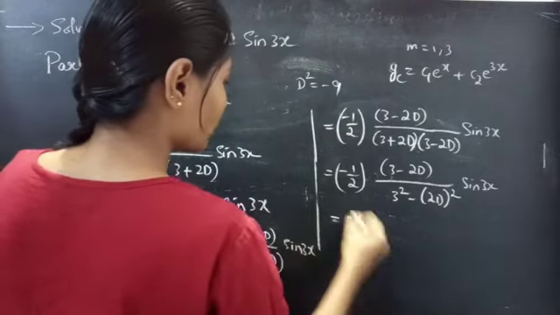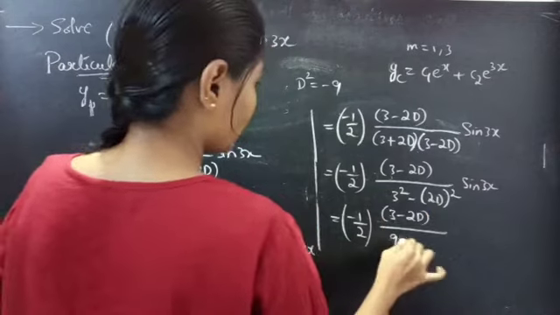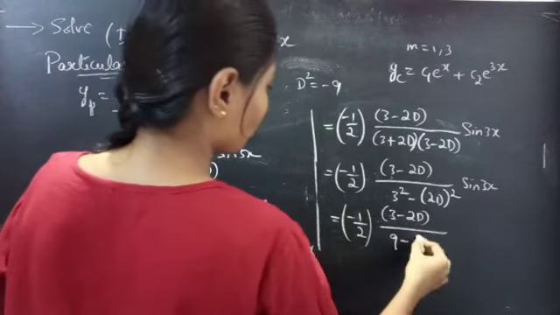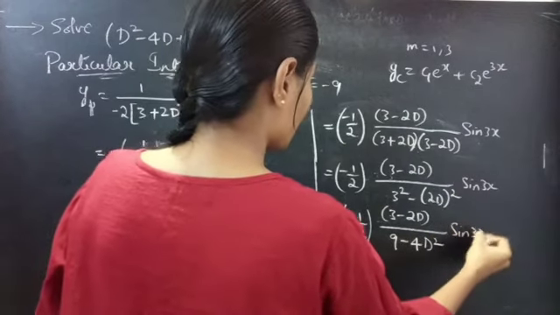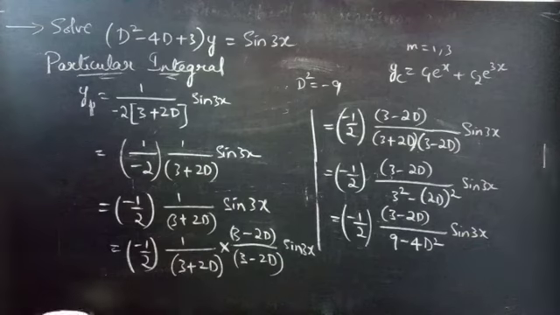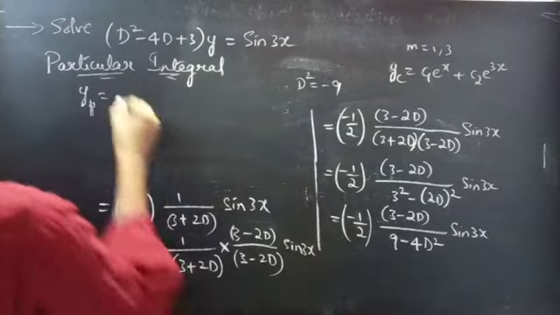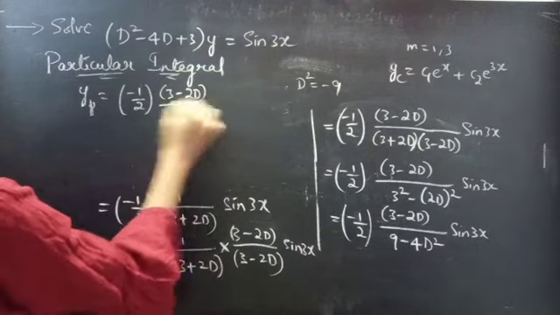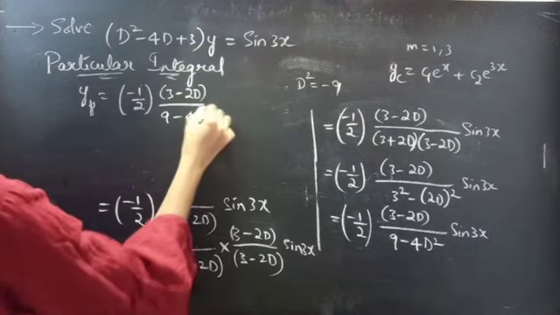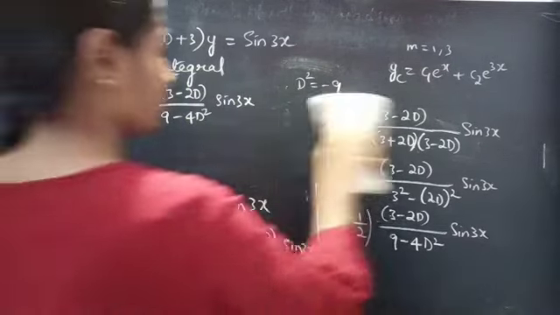Equals minus 1 by 2 into 3 minus 2D by 3 squared is 9 minus 2D whole squared is 2 squared, 4 D squared. Just write D squared into sine 3x. Now we are having minus 1 by 2 into 3 minus 2D by 9 minus 4D squared into sine 3x. Let it be. We'll continue this later.